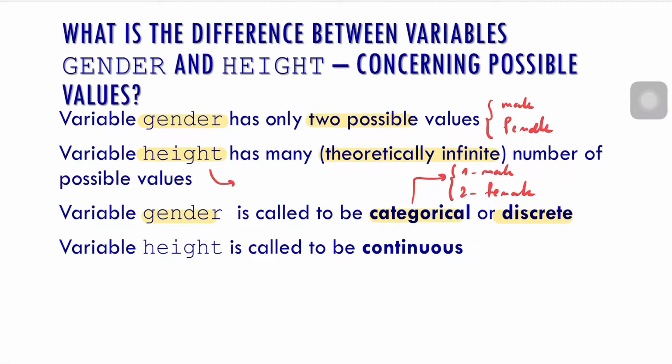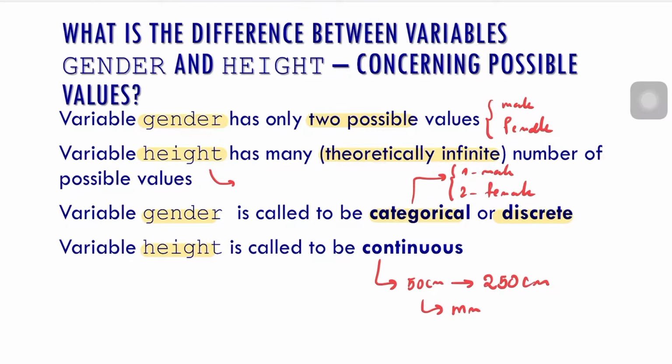But the variable height is continuous because it can start from a small baby of maybe 50 centimeters or less, or more than 2 meters, for example around 250 centimeters. And all of them can differ by small amounts, even a millimeter.